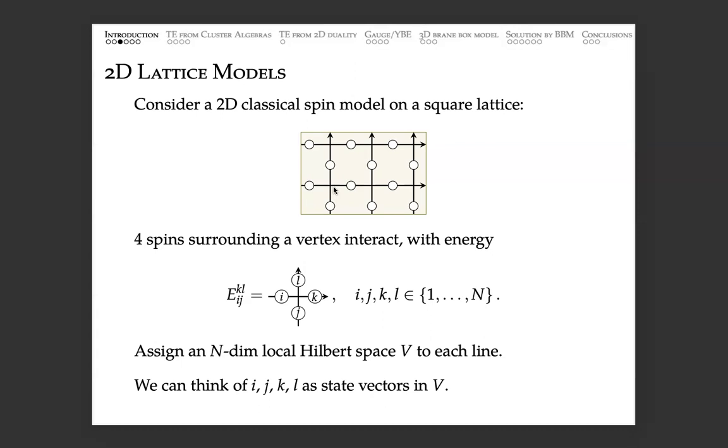There's an interaction energy associated to that, which I denote by E_ijkl, where i, j, k, l are values of the spin variables surrounding the vertex. Let's say they take n different values, from 1 to n. So E_ijkl is the interaction energy associated to this local configuration of four spins.